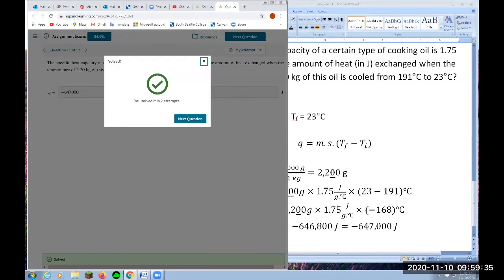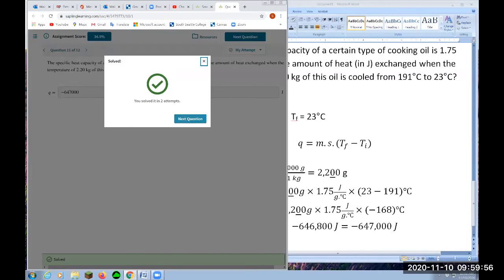So be careful here. If you don't show the negative sign and it should be negative, it will be counted wrong. So that alone can make it incorrect even if you got the right answer. I advise you to put the negative sign after you've put down a value.